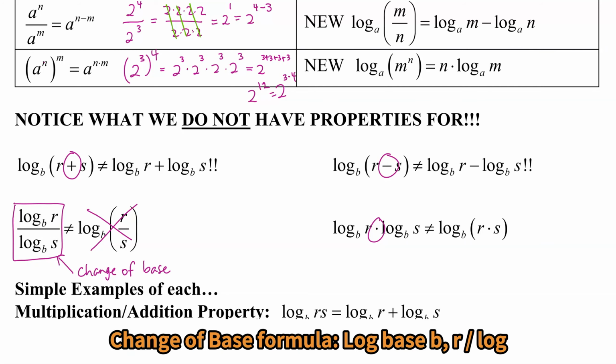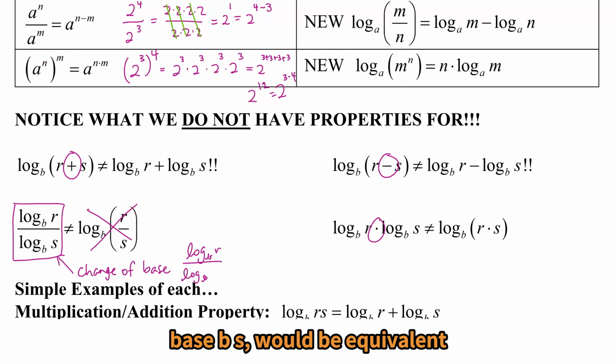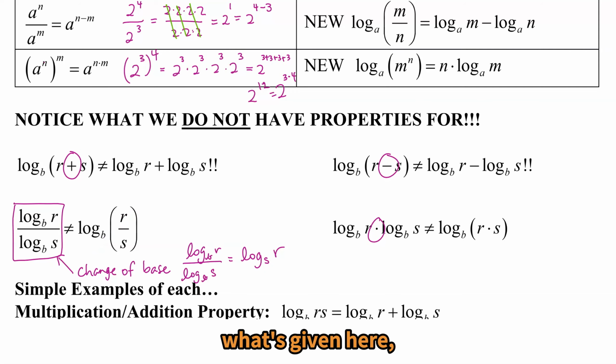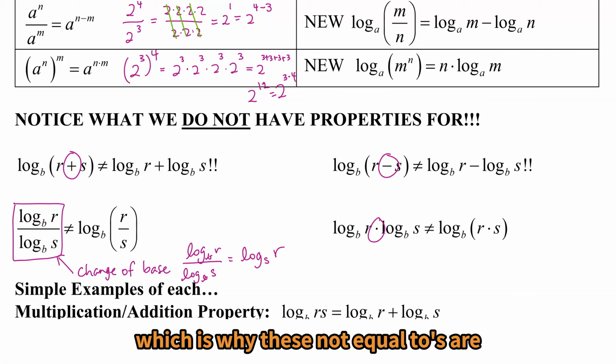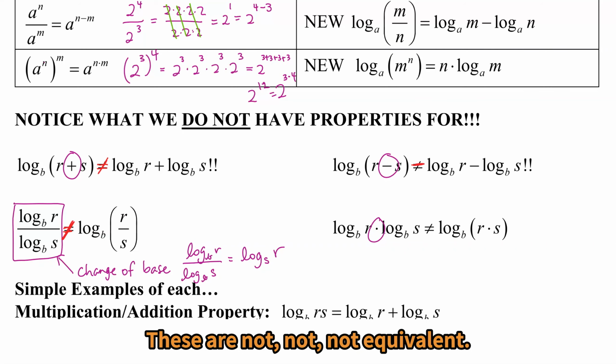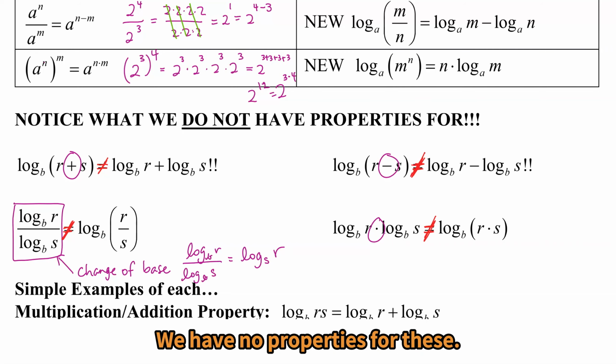The change of base formula, log base b r over log base b s, would be equivalent to log base s of r. So very different from what's given here, which is why these not equal to's are nice and big. Highlight them. These are not equivalent. We have no properties for these.